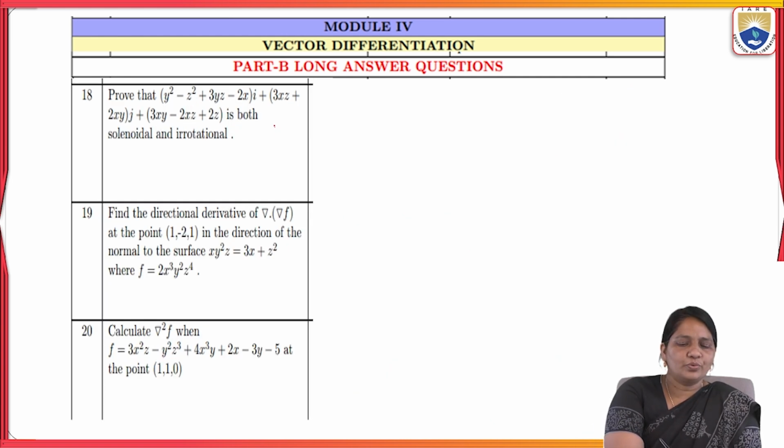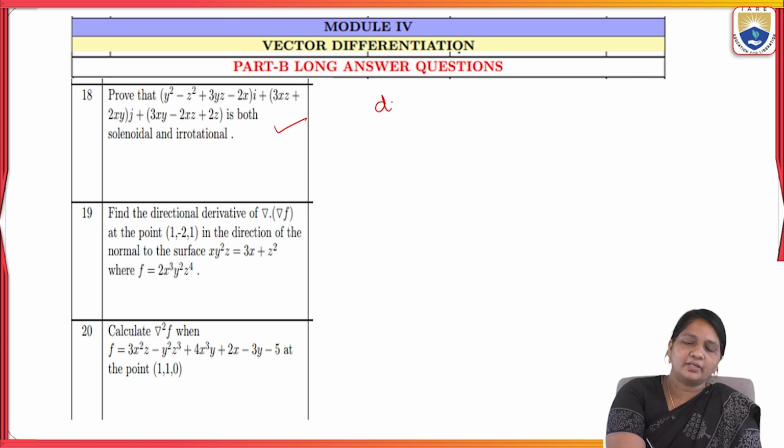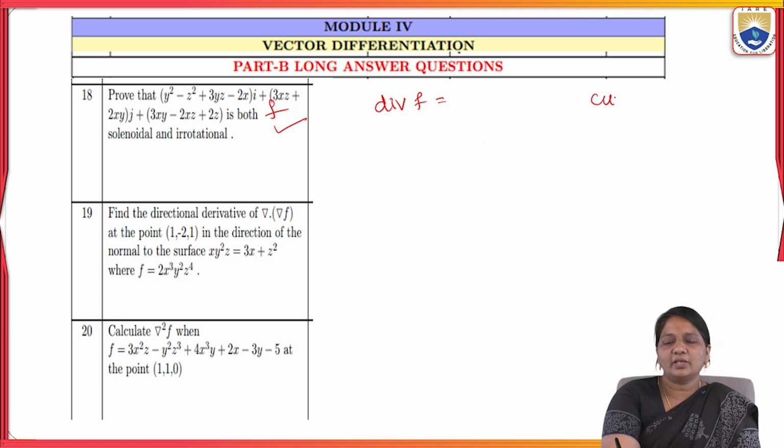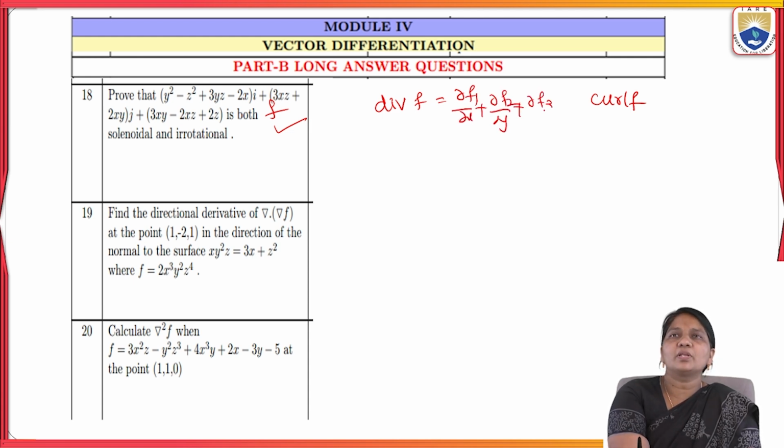See this, prove that this is both solenoidal and irrotational. That means we have to calculate the divergence F. If you are taking this one as F, divergence F we have to calculate, and curl F also. That is dou F1 by dou x plus dou F2 by dou y plus dou F3 by dou z.